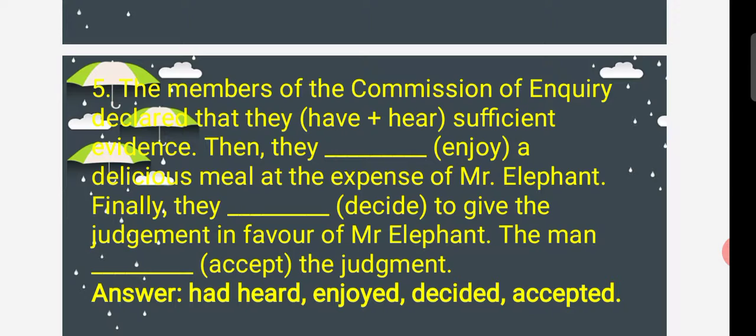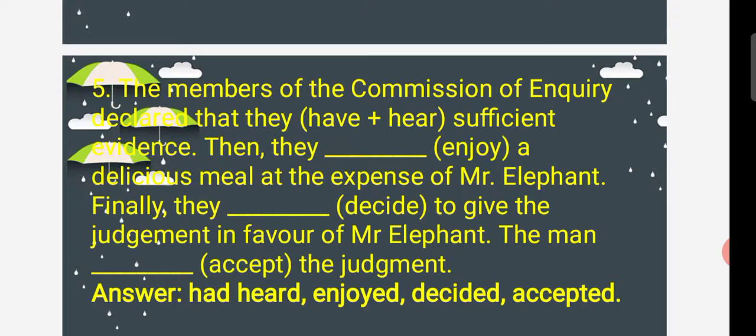Then they enjoy, past tense is enjoyed, a delicious meal at the expense of Mr. Elephant. Finally they decide, past tense is decided, to give the judgment in favor of Mr. Elephant. The man accept, past tense is accepted, the judgment.